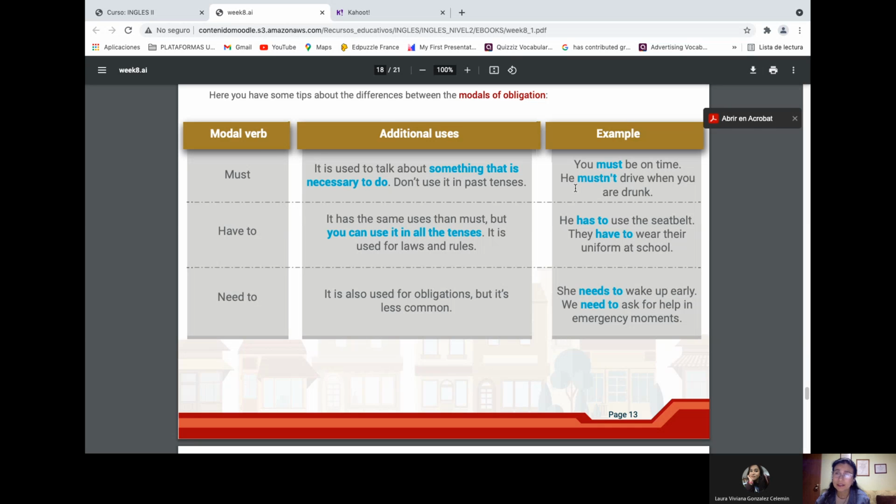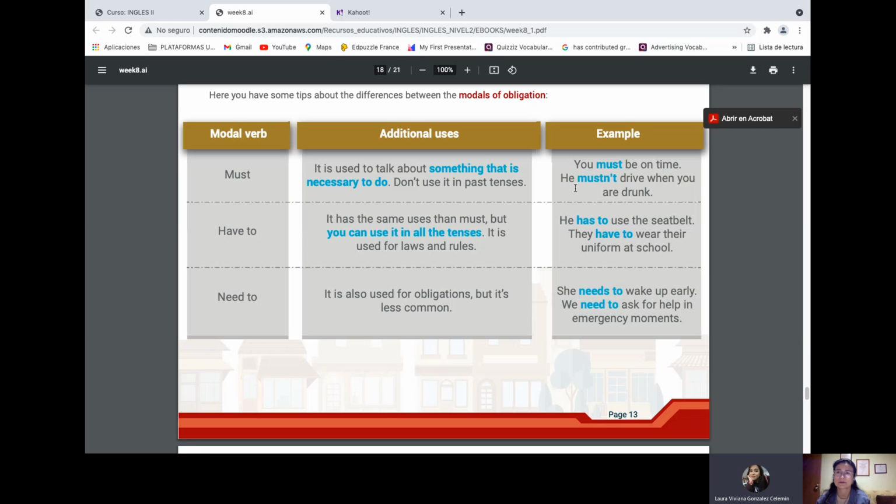The second one, Laura, you read: he must not, or mustn't. He mustn't drive when you are drunk. Repeat again: he mustn't drive when you are drunk. Can you repeat, please? Mustn't, repeat, mustn't.